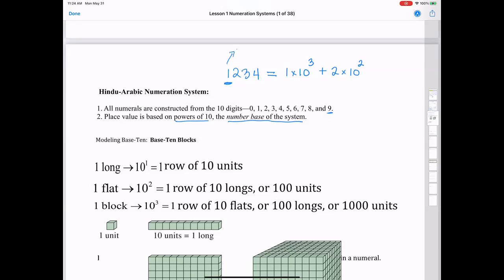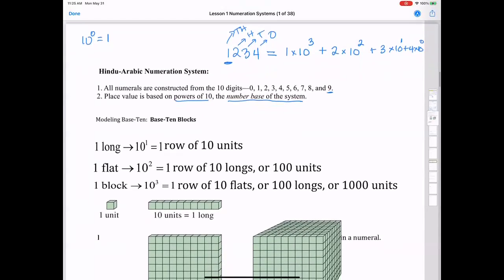So this is thousands, this is hundreds, this is tens, and this is ones. So plus I have three groups of 10 to the first power and 4 times 10 to the 0 power, which is 1. Don't forget 10 to the 0 is 1. So 4 times 10 to the power zero is the same as 4 ones.